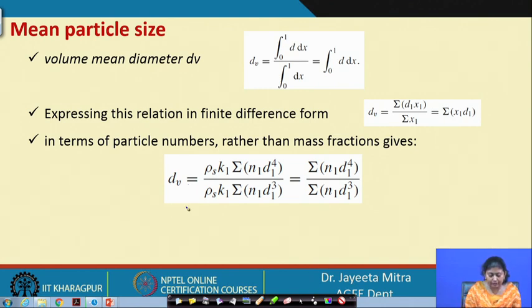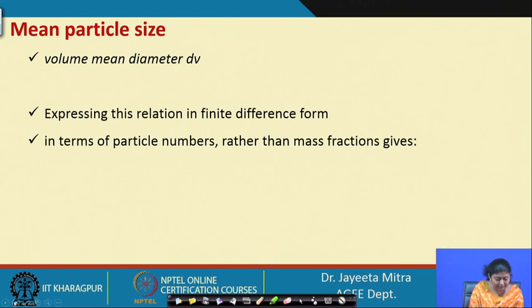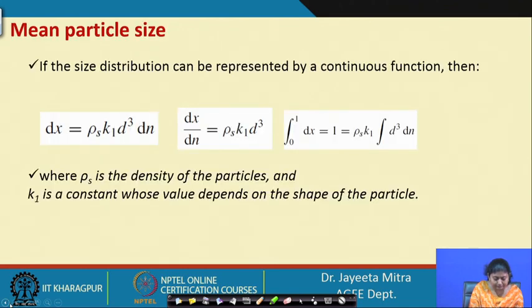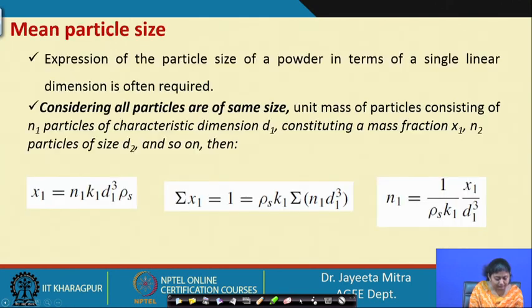Okay. So, whenever we want to express in the form of particle numbers, we will recall the previous expression and try to relate with that. So, the previous expression was, for x1, n1 k1 d1 cube into rho s.